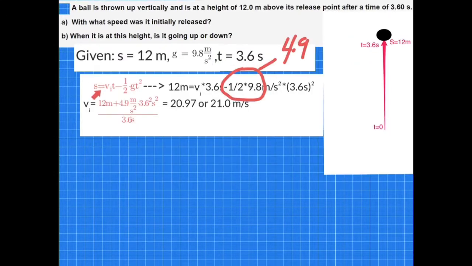We're now ready to solve. So we substitute into the equation. We substitute in 12 meters for the displacement S is equal to the unknown, the initial velocity v sub I, times the time, 3.6 seconds, minus 1/2 the acceleration of gravity g, or minus 1/2, 9.8 meters per second squared, times the time squared, or 3.6 seconds squared.